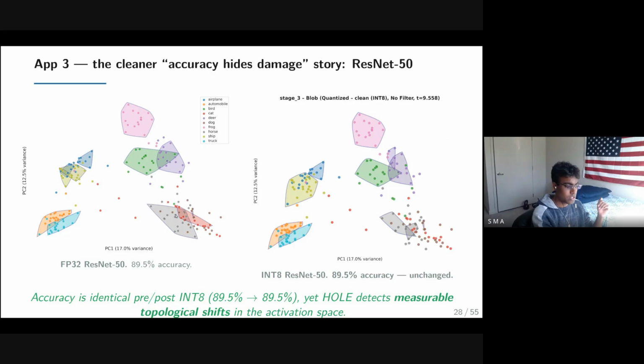The representation is changed. There are a lot more outliers here, and these classes are completely destroyed. You can see that there's only one tiny cluster associated with cat, and most of it has been pushed around, and it's super messy.